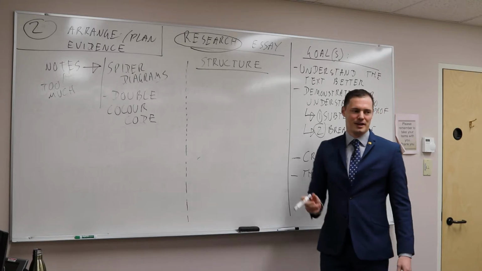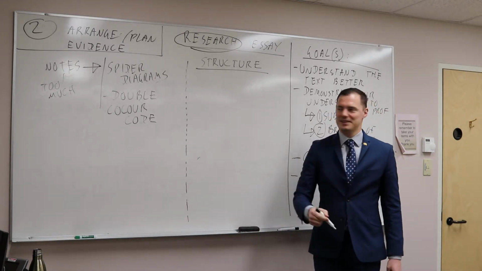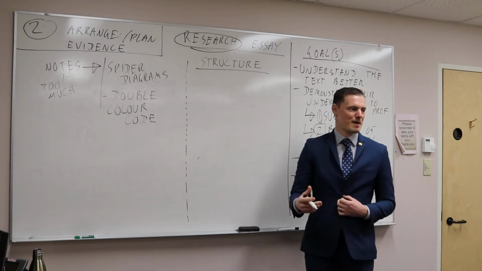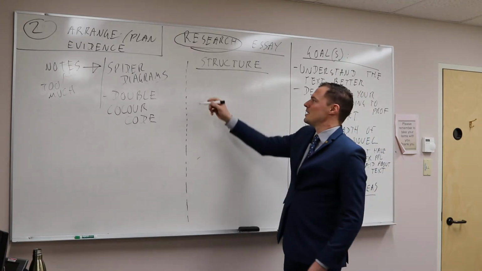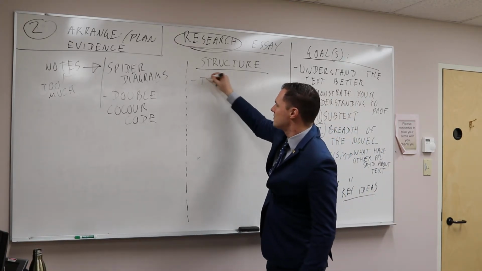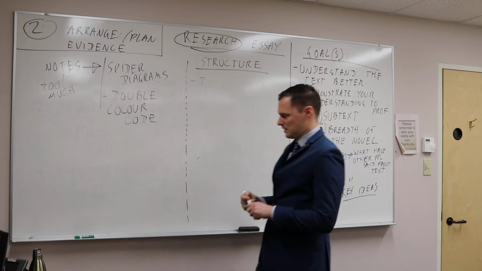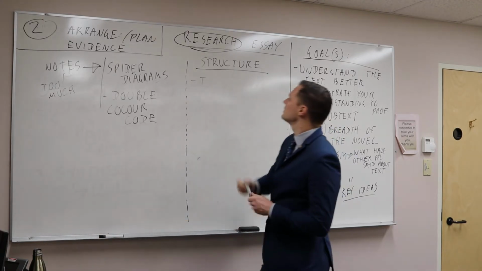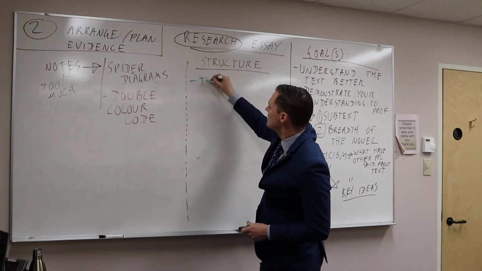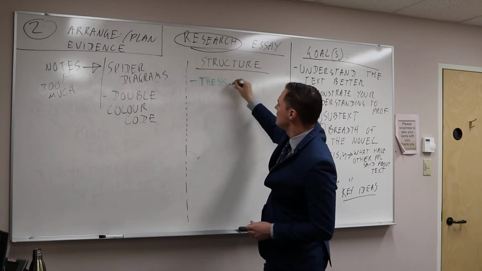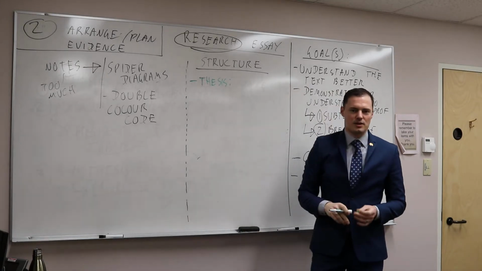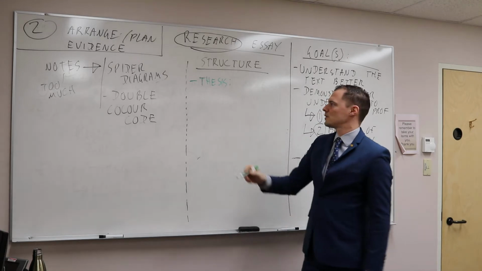Remember that Hegelian dialectics is thesis, antithesis, synthesis. This is how you make an argument for Hegel. So you'll have a thesis. Let's say your thesis is all frogs are evil.